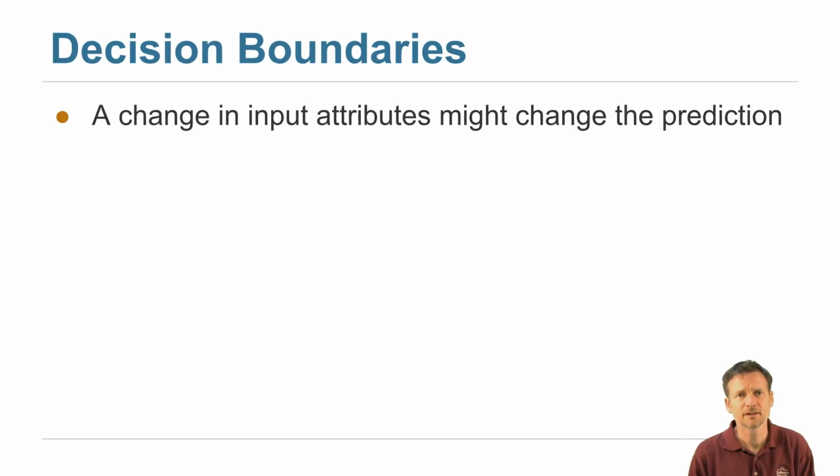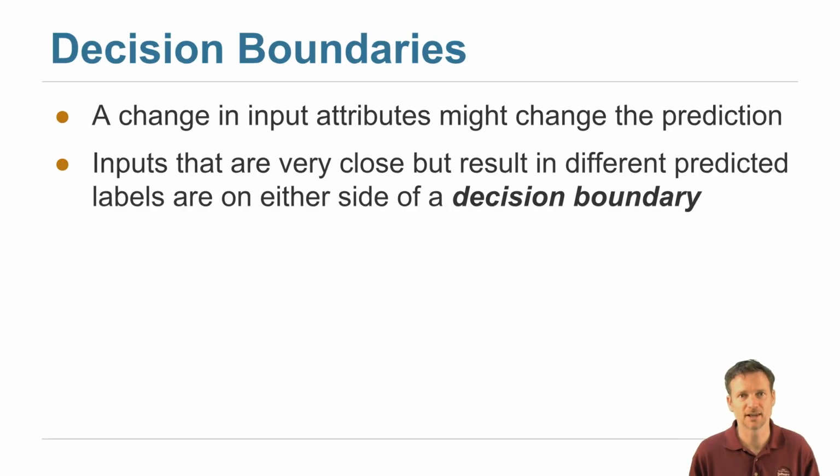The idea here is to look at a way to get an intuition for what the classifier is doing. Of course, if we consider running the classification on any input, if you were to change the attributes, that might change the prediction the classifier makes. So you could imagine plotting what prediction the classifier makes for the entire space of possible inputs.